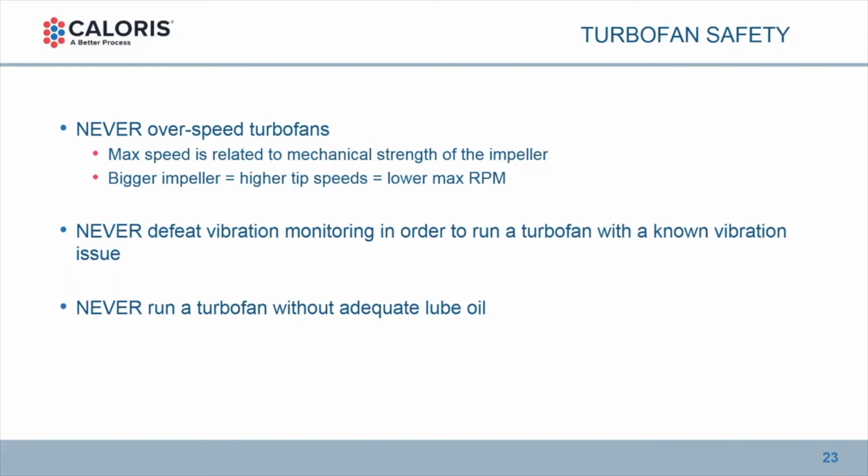And it all comes down to the materials and mechanical strength of that impeller wheel. If you overspeed it and you do it for too long and you get mechanical stress failure of that impeller, it can come apart and create shrapnel, and it's not a situation that anybody wants to deal with.